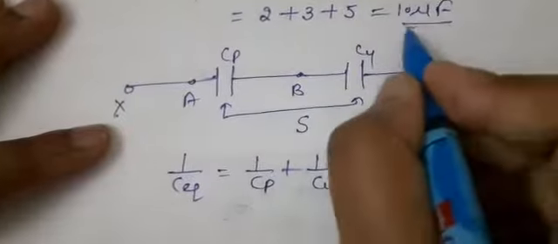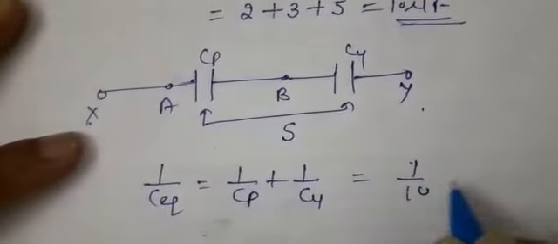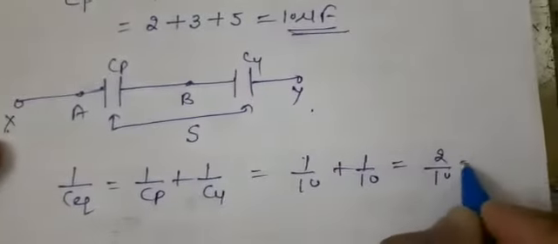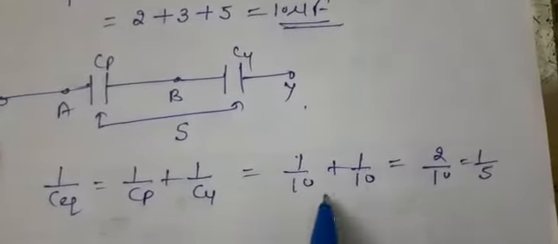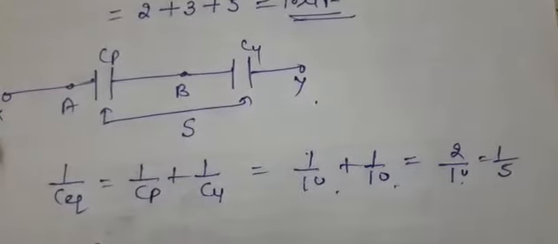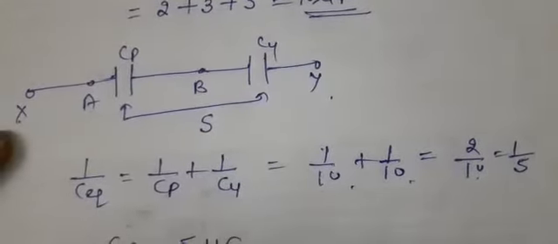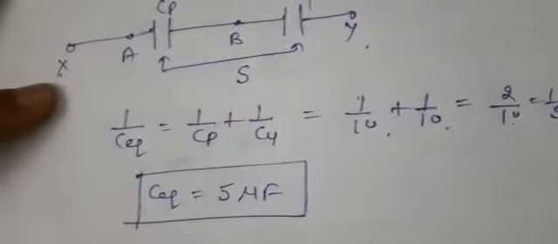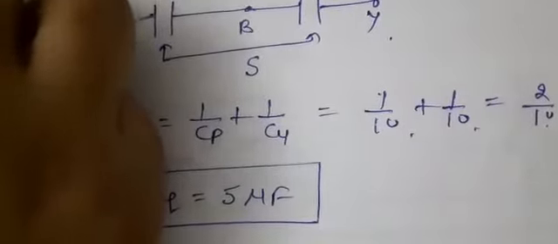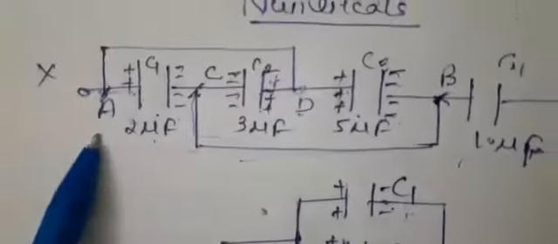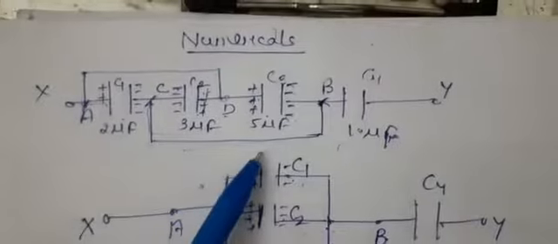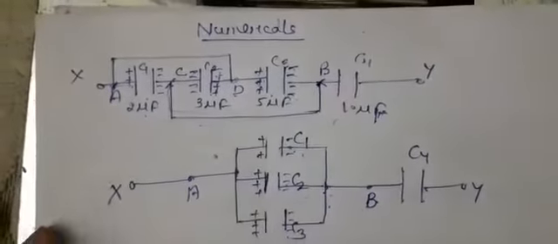CP comes out to be 10 microfarad and C4 is given to be 10. So taking LCM, 1 plus 1 is 2, which is 1 by 5. So C equivalent will be 5 microfarad. All the concepts are simple. The main point you have to target here is how the charge gets divided, and which capacitors are connected in parallel and which are in series.